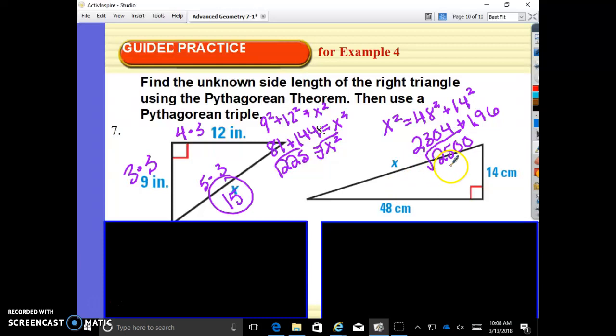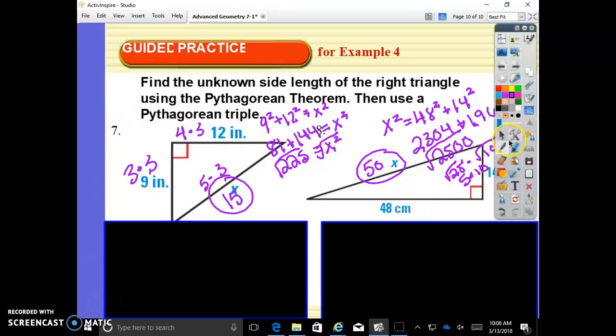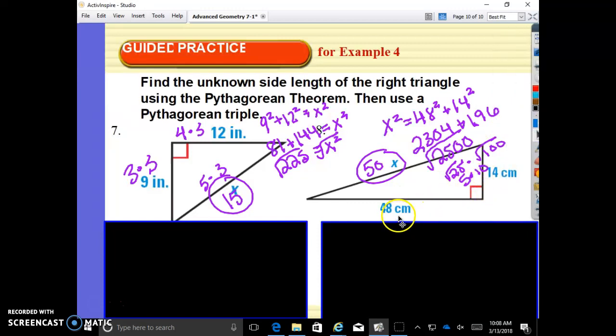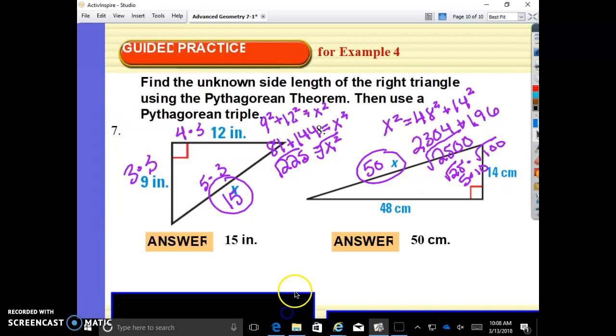If you don't know this one by heart, think about it. The square root of 25 times the square root of 100. The square root of 25 is 5, the square root of 100 is 10, and 5 times 10 is 50. So this x would be 50. This is a 7, 24, 25 by a multiple of 2. And that is our entire lesson.